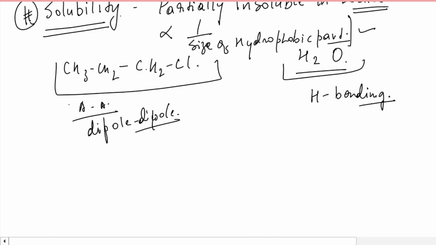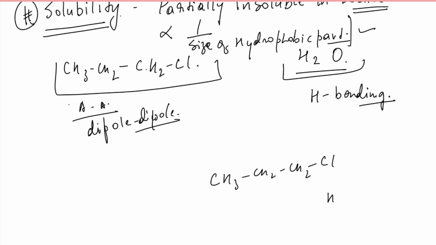So whenever the bonds are broken, then energy is needed, and new interaction setup will be in between CH3, CH2, CH2Cl and H2O. So suppose this is forming a bond here, hydrogen bond here.